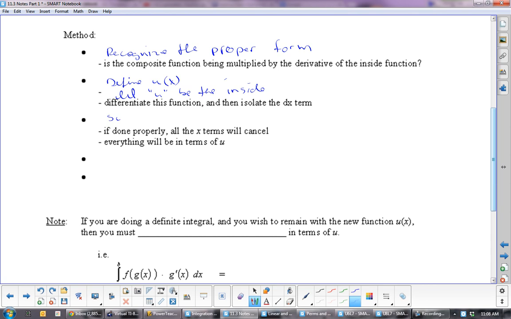Then we will substitute u of x and dx. If done properly, all the x terms will cancel and everything will be in terms of u. Then we integrate in terms of u, and then we substitute u back for g of x.